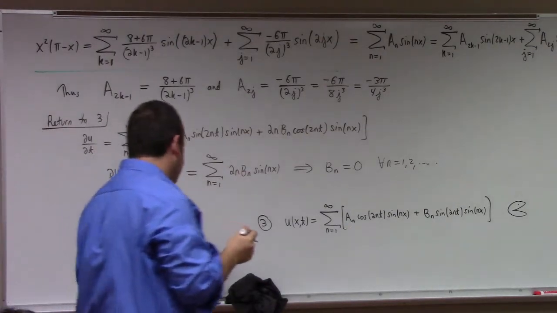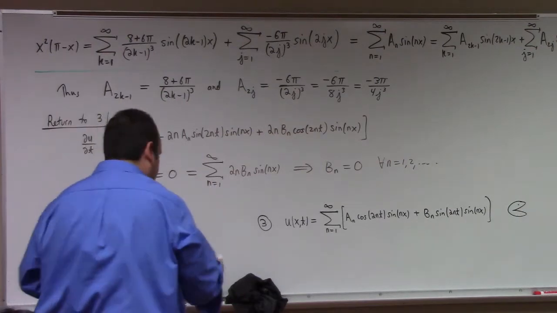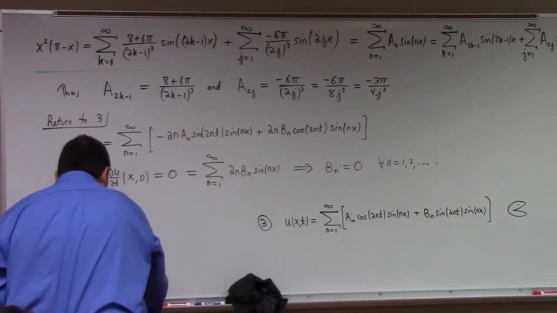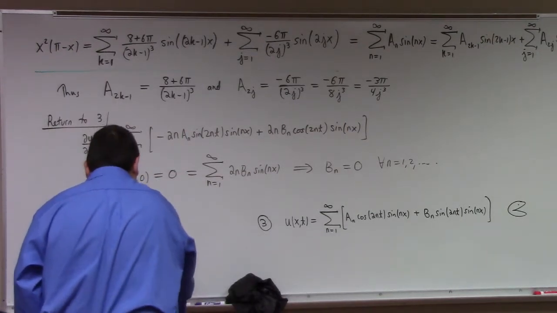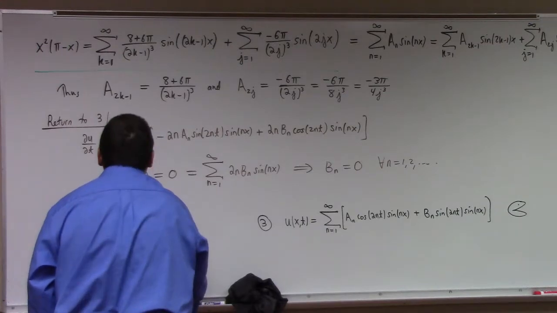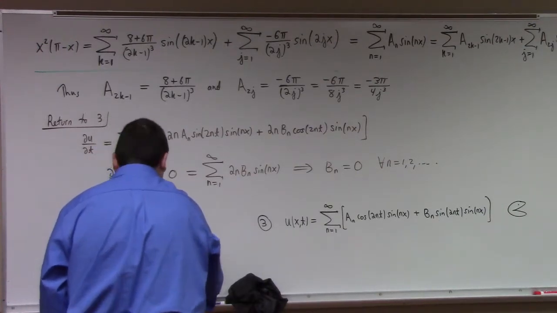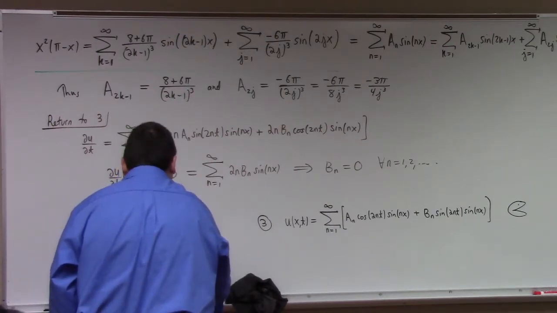So what do we got? We have that u of x comma t equal to, I'll write it in terms of the k and j, sum k equals 1 to infinity of 8 plus 6 pi over, I hope I haven't made a mistake.